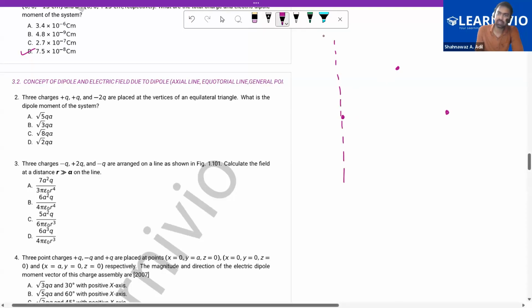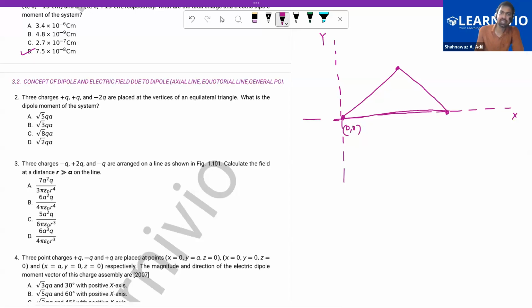Let's assume that this is y, this is x, and if this is at the origin, this would be (0, 0). If the triangle has a side a, then this would be (a, 0).